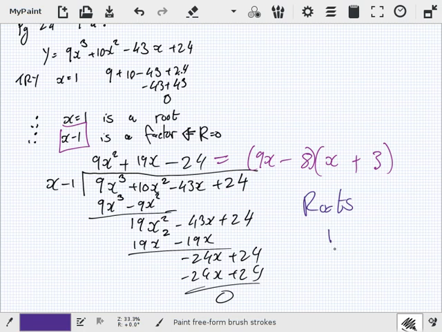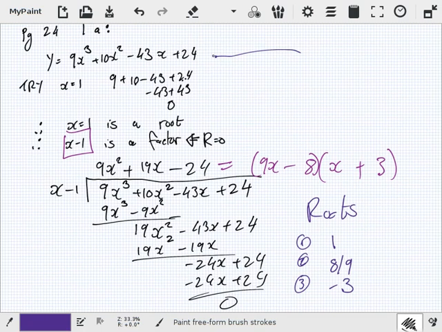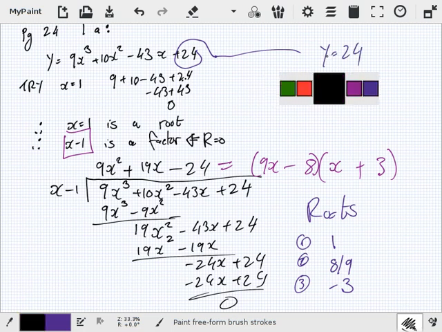Alright, okay. 1, 8 over 9, and minus 3 are my 3 roots. 1, 2, 3. And where does it cross the y-axis? It crosses the y-axis at 24 then.